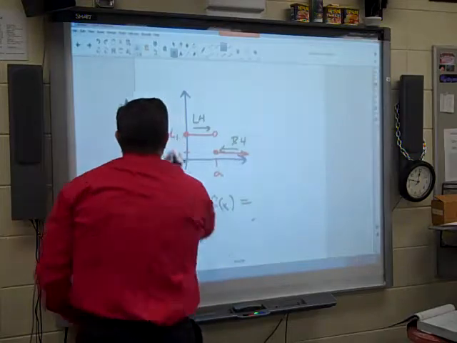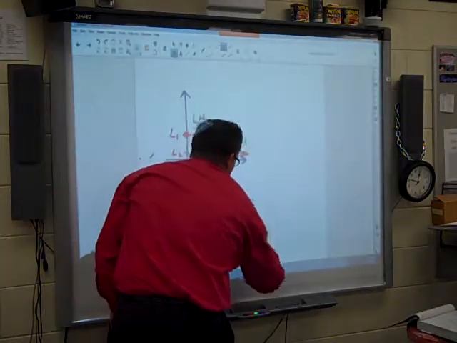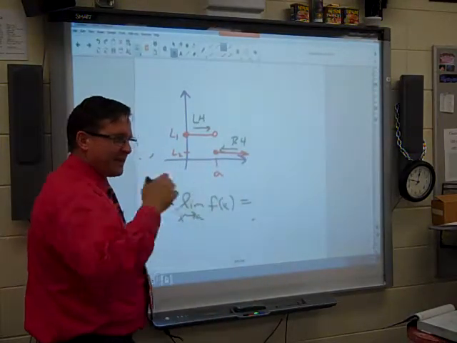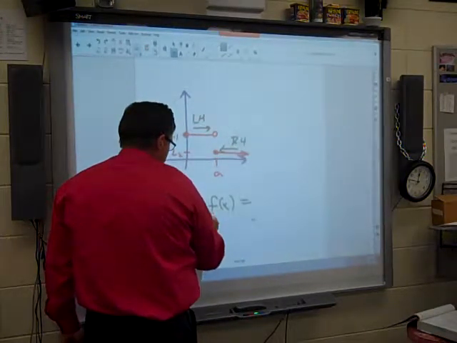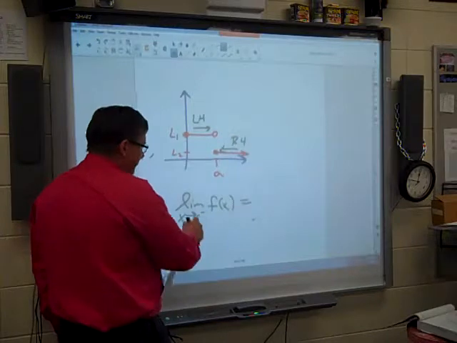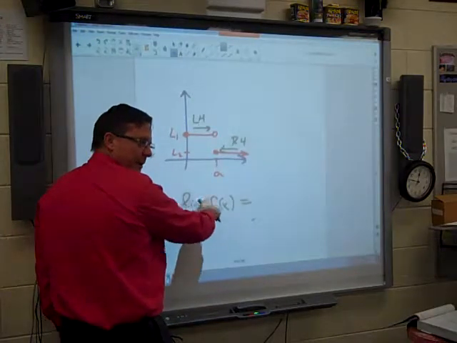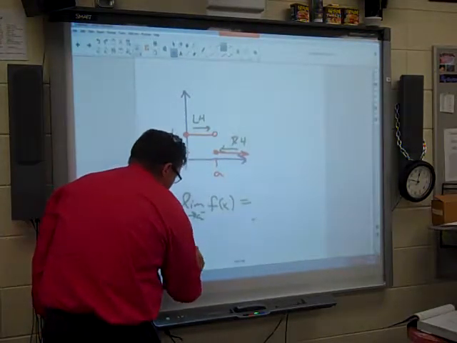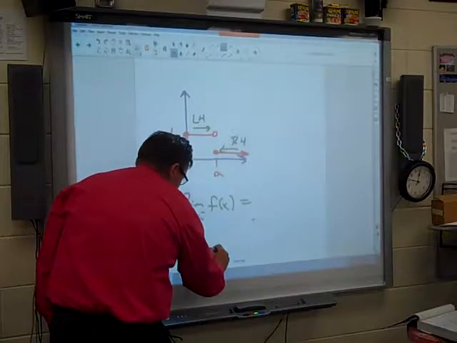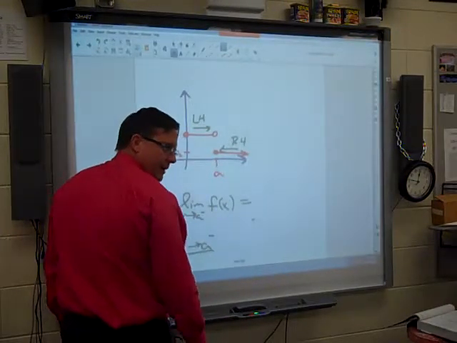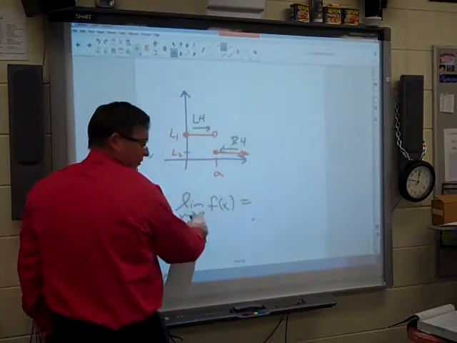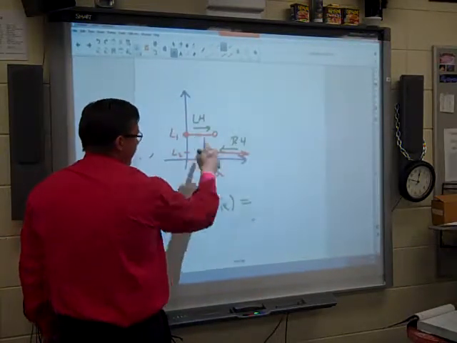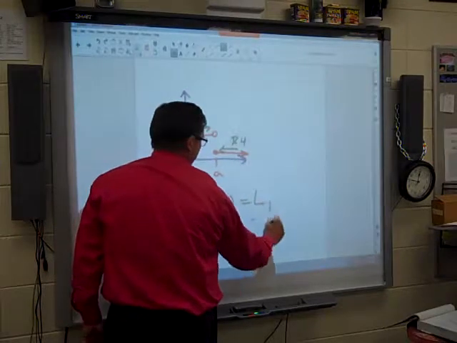The L. So if I want to know the left-hand side, do you agree I'm coming from the negative side towards A? If I put a negative in front of the A, that'd be negative A, but up behind A. If I blow this up on one line, the sign's up here. That's telling me, check the limit as you come down the bunny trail just from the negative side, or the left-hand side. I'll tell you this one is L1.